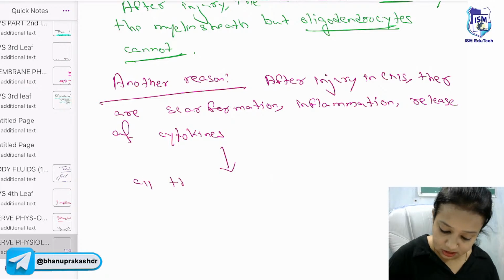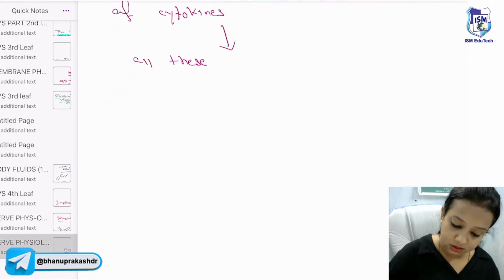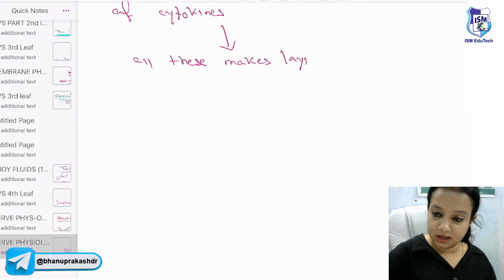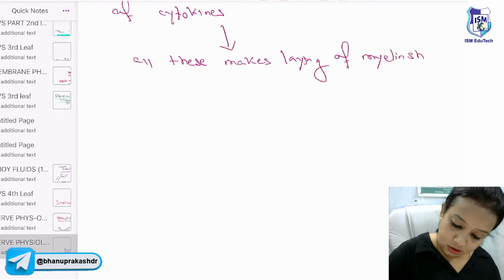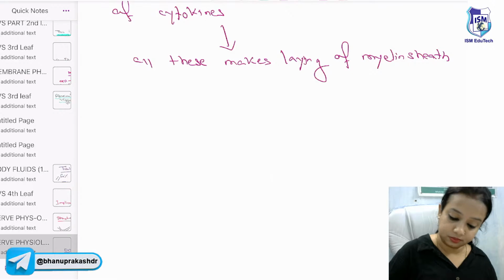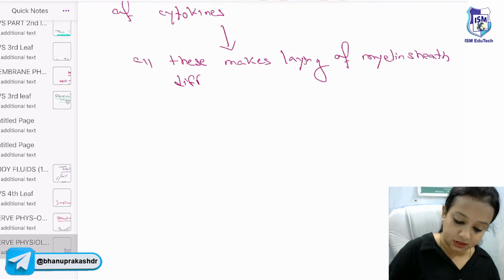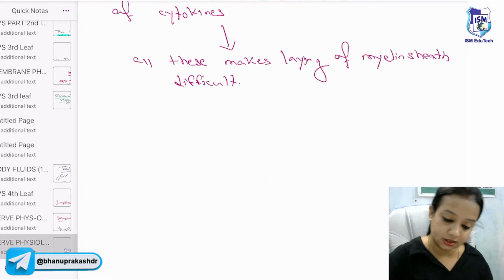All these make laying of the myelin sheath difficult. This is one established fact.